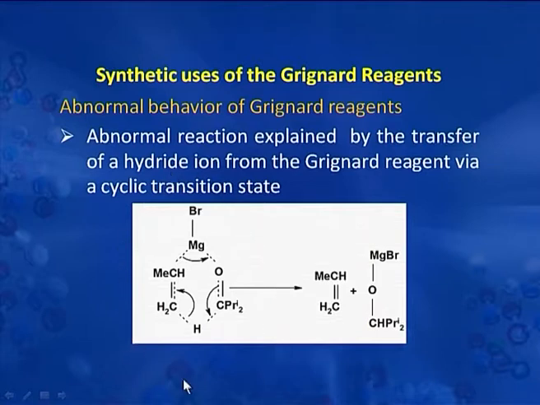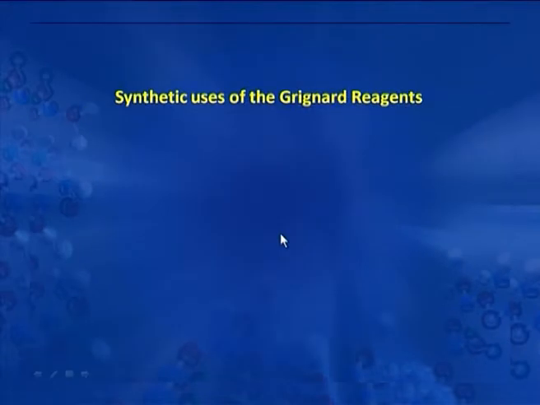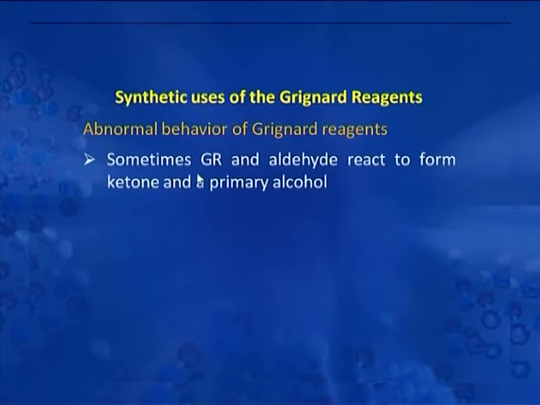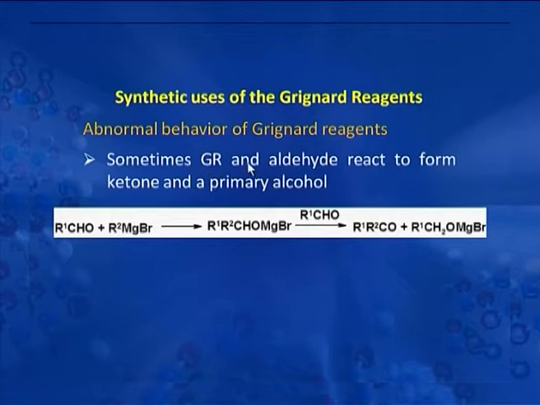This is the Grignard reagent. This hydride ion is transferred to this, and this forms that adduct, and after hydrolysis we get secondary alcohol. Sometimes Grignard reagent and aldehyde react to form ketone and a primary alcohol.